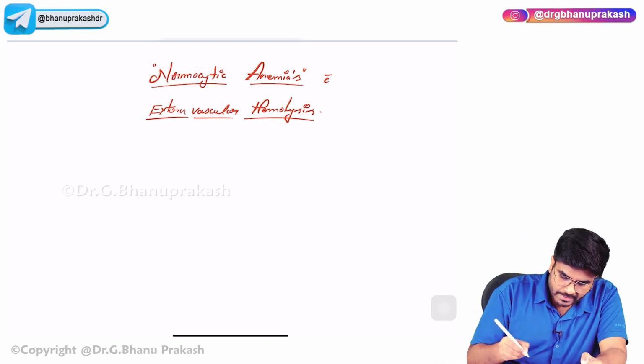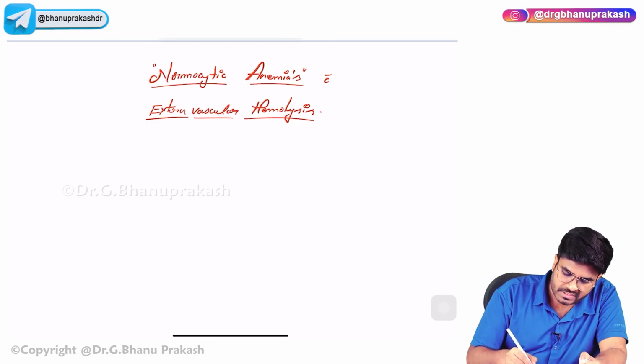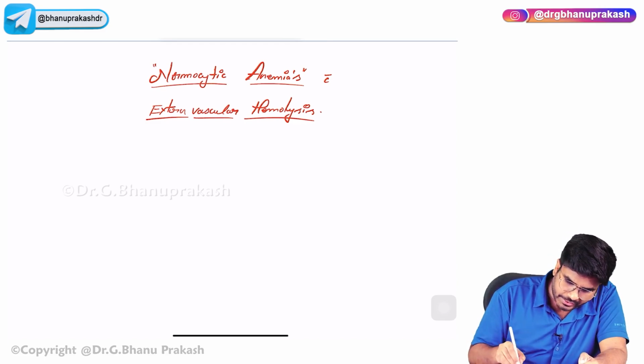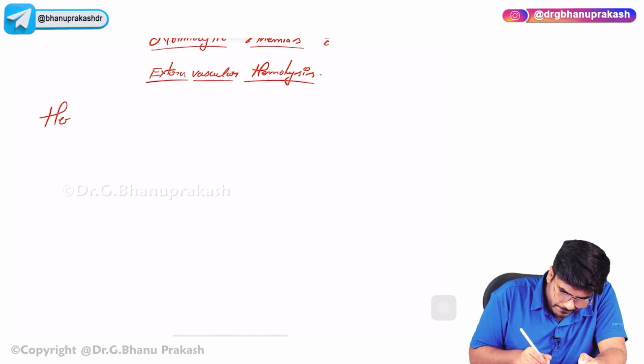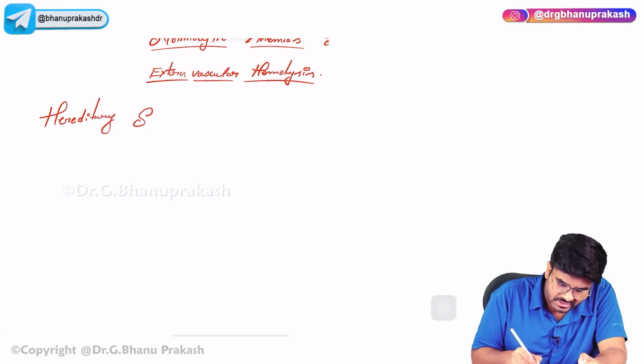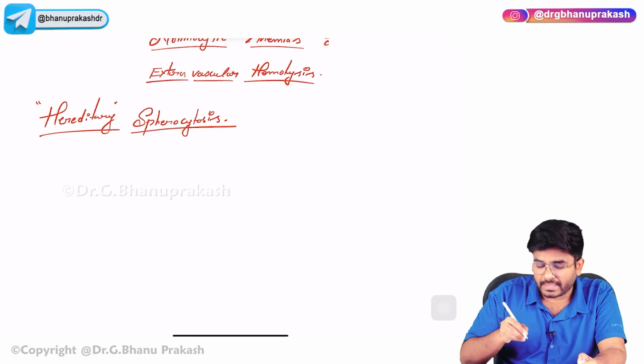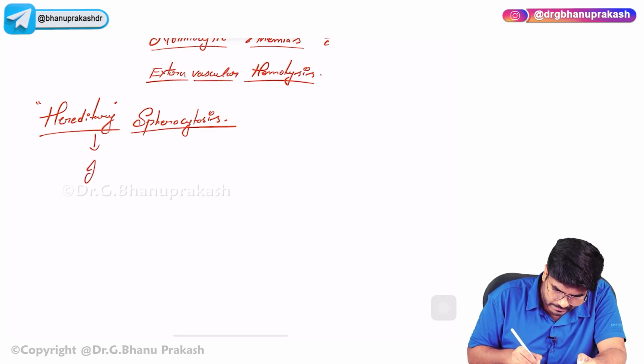In extravascular hemolysis, the first type of anemia that I am going to discuss here is hereditary spherocytosis. Hereditary means this is an inherited condition.